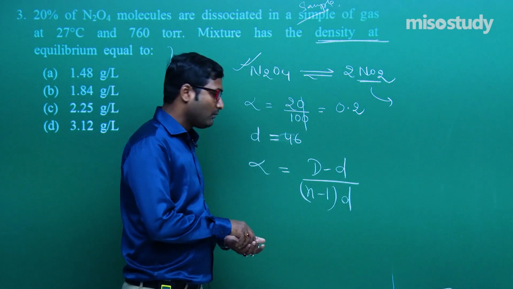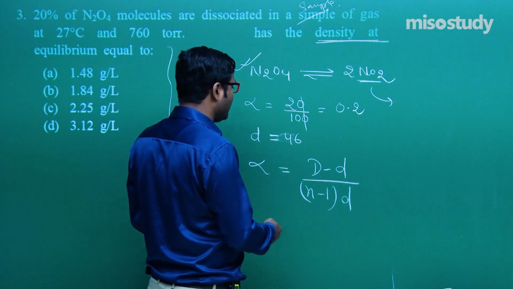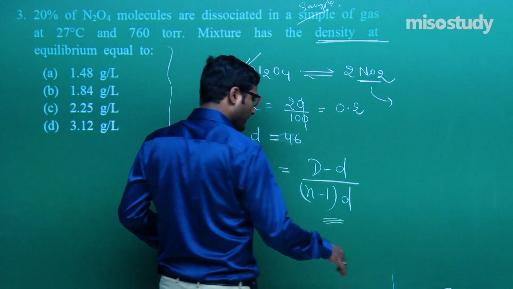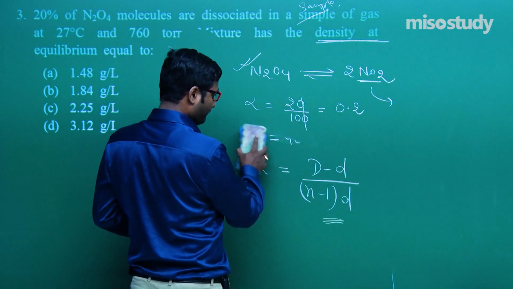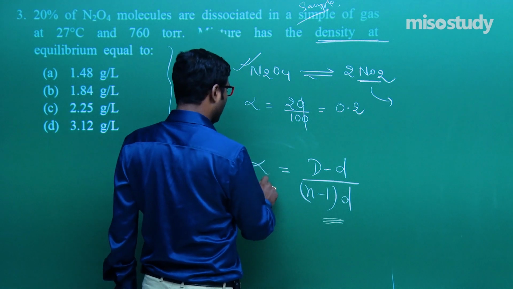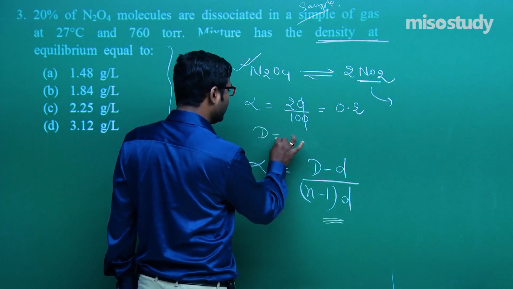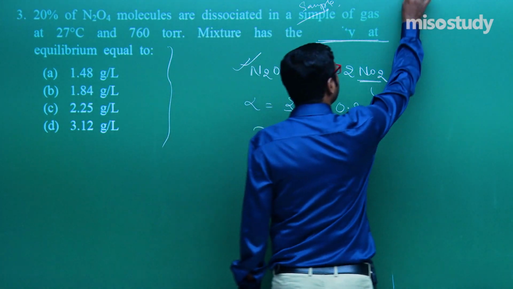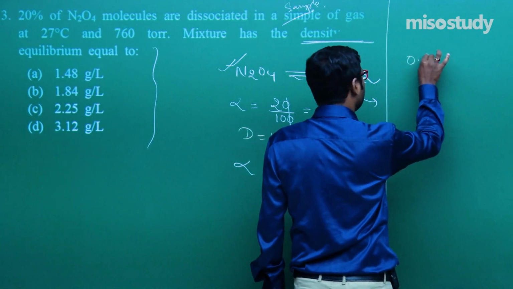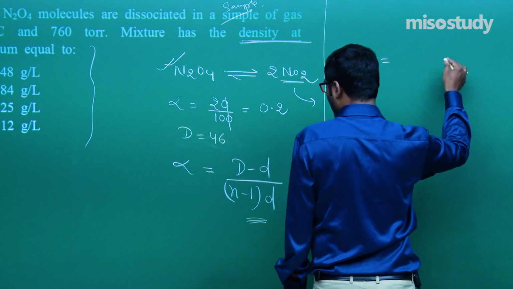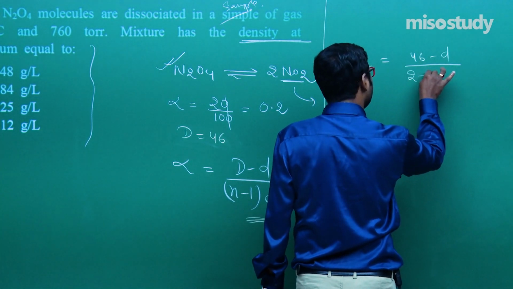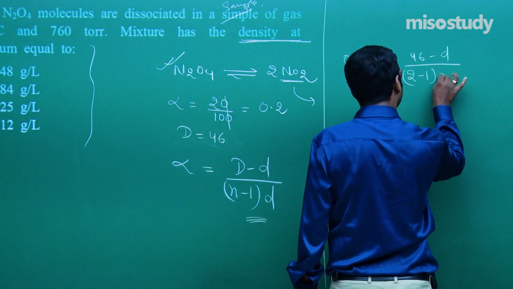Here the value of D is 46. Now put this value: alpha is equal to 0.2, so 0.2 equals (46 minus d) upon (2 minus 1) into d.